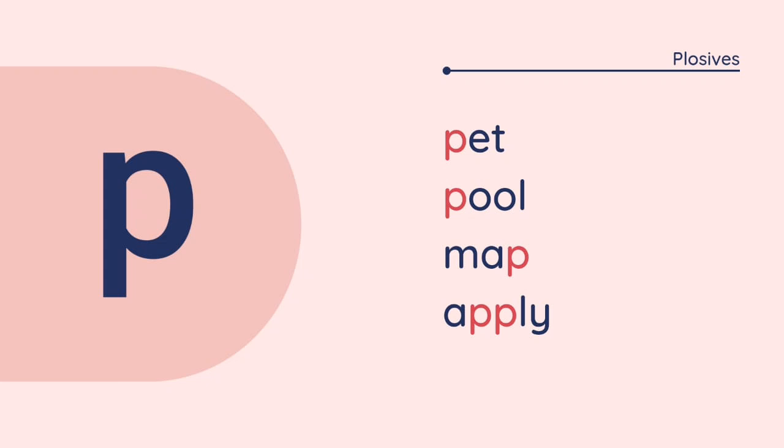Now, we will look at examples of words that contain consonant P. As you can see on your screen, the letters that contain the sound have been written in red. So we have consonant P as in pet, pull, map, and apply.